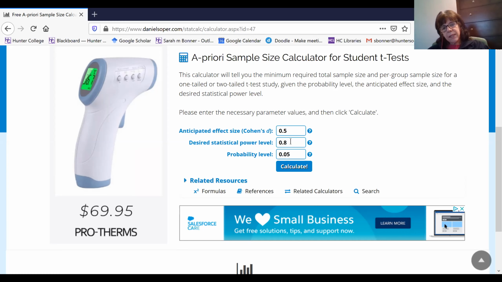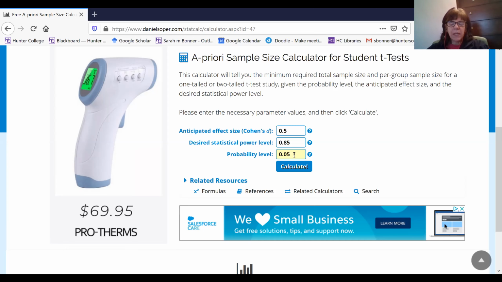A 10% chance is really cutting yourself; I really have to be sure that I'm capturing it. So I'm going to change that to 0.85, just to seem a little more ambitious, but I don't want to be cutting myself.